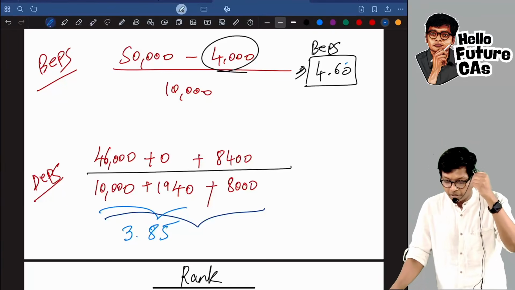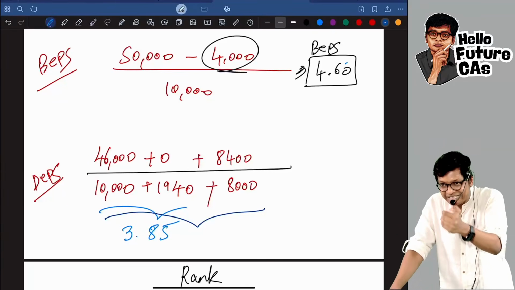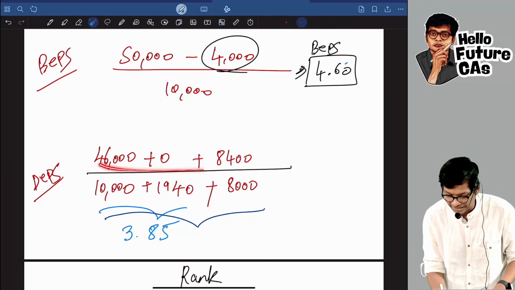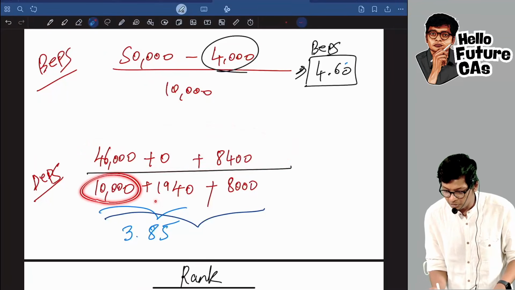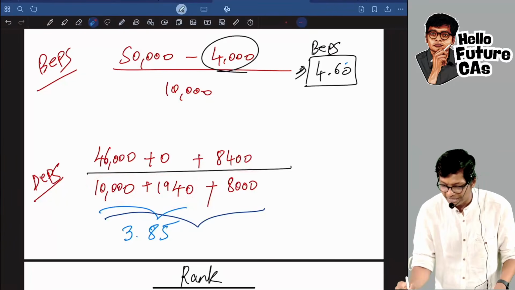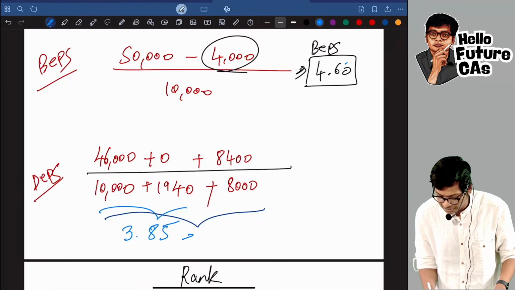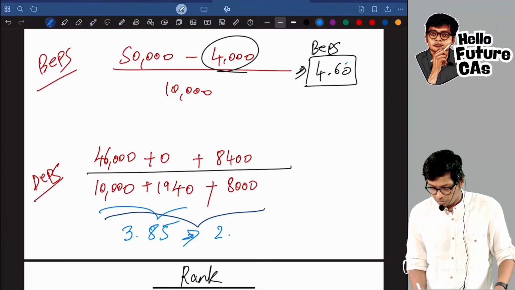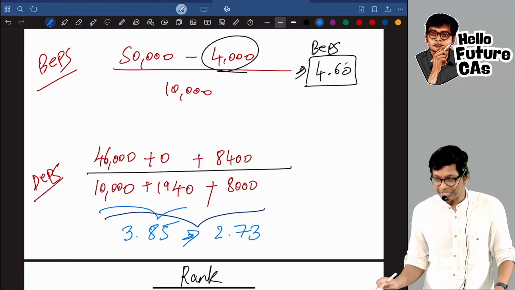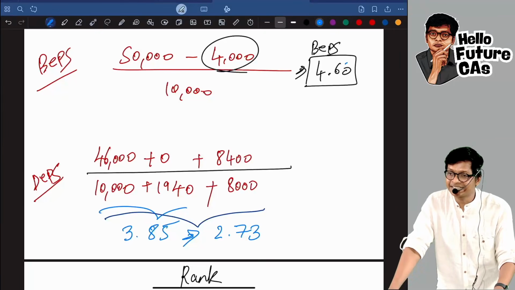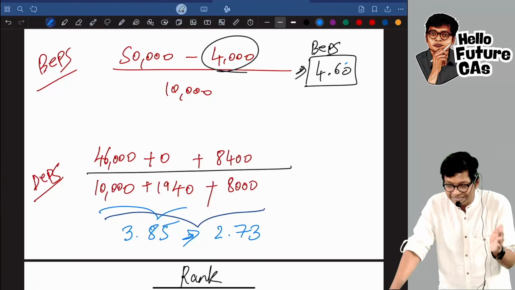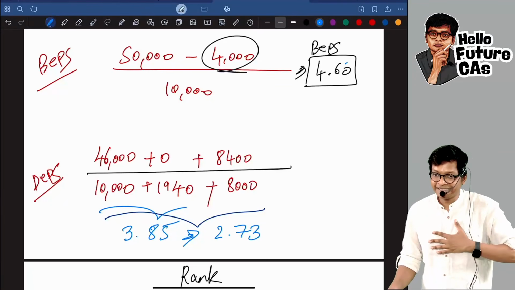So numerator 46,000 plus 8,400, and denominator will be 10,000 plus 1940 plus 8,000. What is the new EPS now after adding bonds? 2.73 is my EPS after adding this. Hello, are you all following, guys? Is it decreasing? Yes. That means my addition is a good addition.